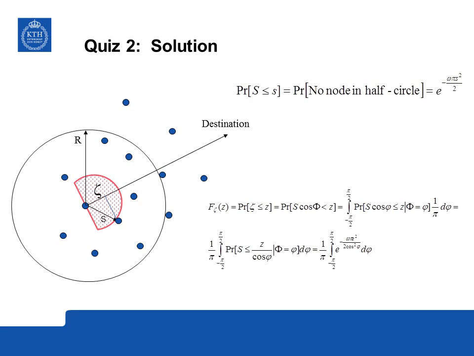We have to condition on phi, and phi is uniformly distributed between minus pi over 2 and pi over 2, since this is a 2D Poisson process, and we have to take away the condition on phi, and we get the integral expression below, which we can evaluate numerically.